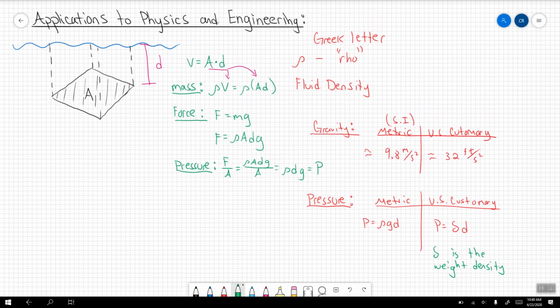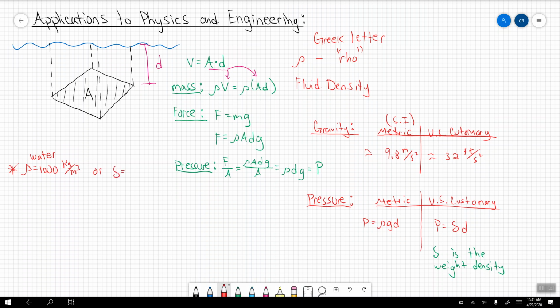Now a few more items that I'm going to explain here, and these are things you do need to know because we're going to keep using them quite a lot. For water, when we're looking at mass density, in other words rho, the fluid density for water is going to be 1,000 kilograms per cubic meter.